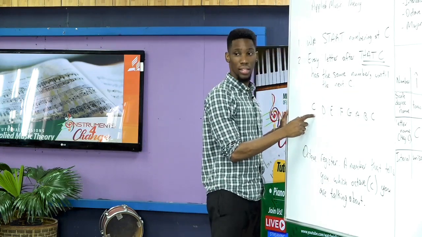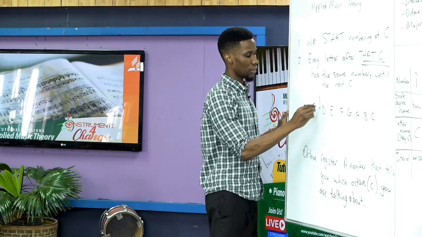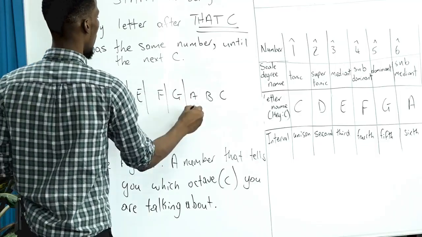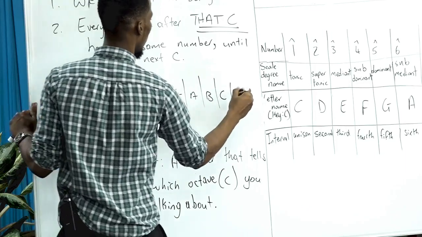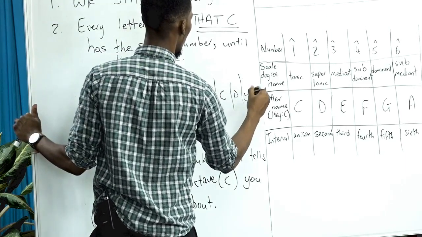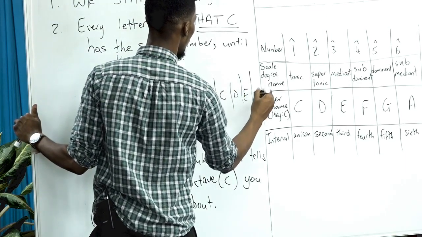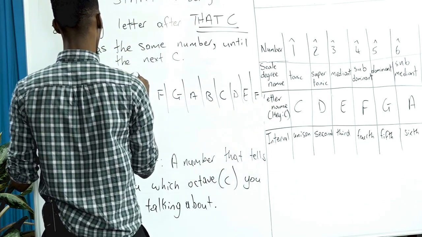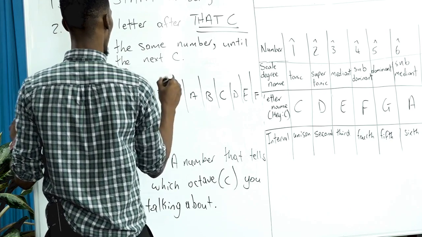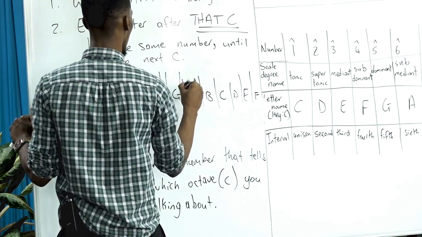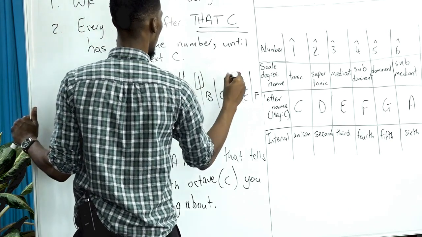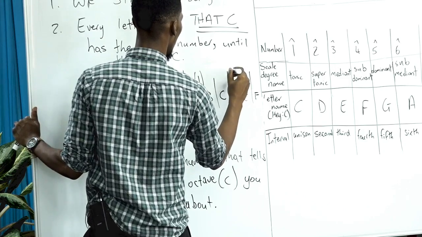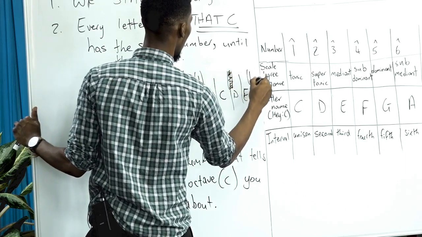Let's say this was a piano. See if I can just draw it quickly. You're going to have a black key here, black key here, black key here, skip, black key, and a black key here.